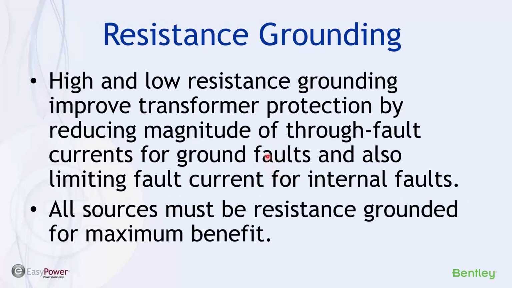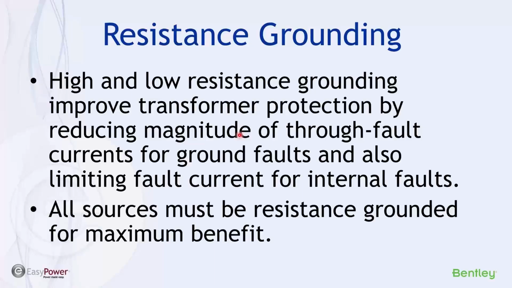Now, I haven't talked about resistance grounding other than that one example. The most common fault in the industry is a line to ground fault. And the issue is if it's not properly dealt with, it can be high enough current and potentially have an arc that can migrate to a full-blown three-phase fault.